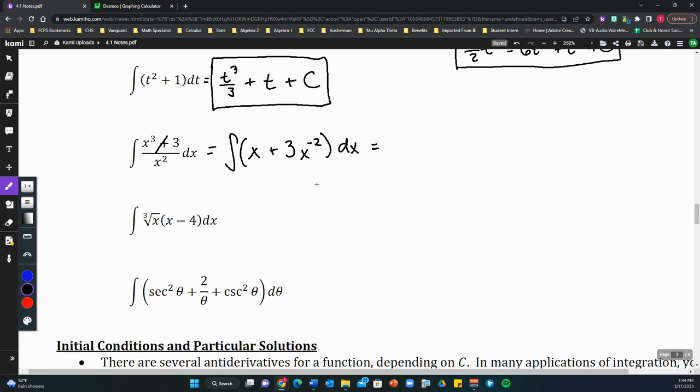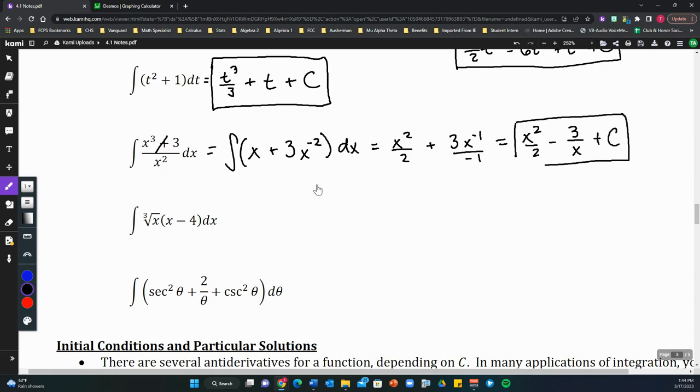Now this can be integrated using the power rule. x will become x squared over 2, plus this will become 3x to the negative first divided by negative 1. Or the better way to write that would be minus 3 over x to the first. And then when we're done, remember we can add that plus c on at the end.